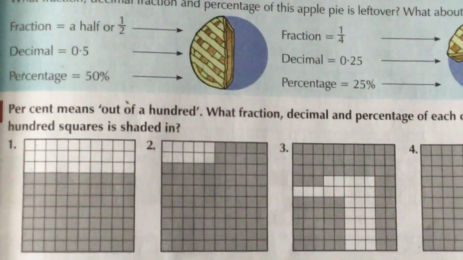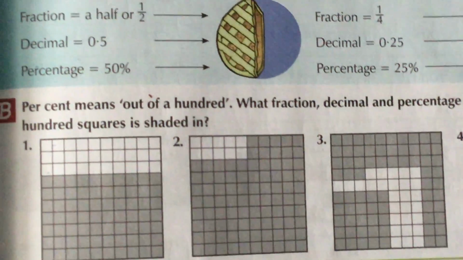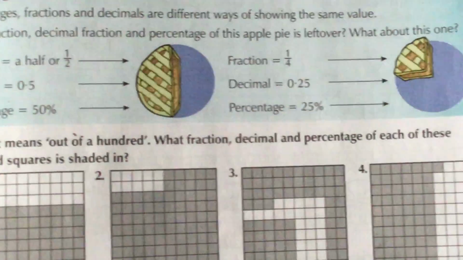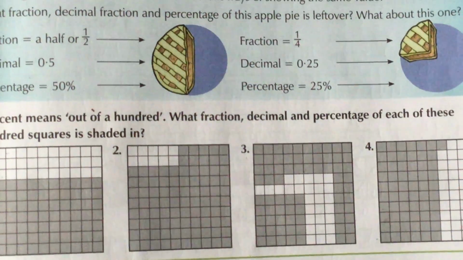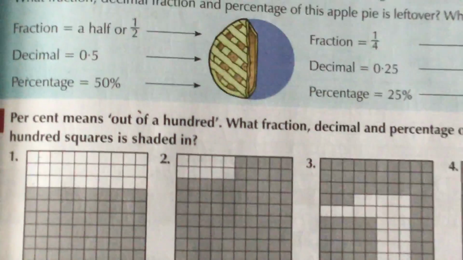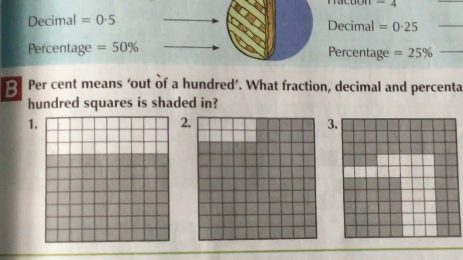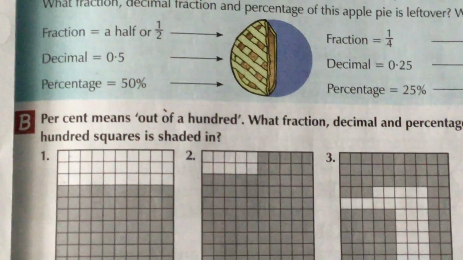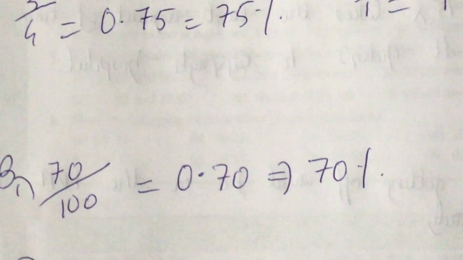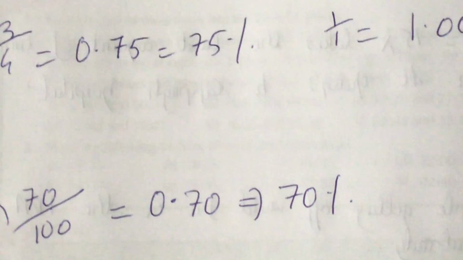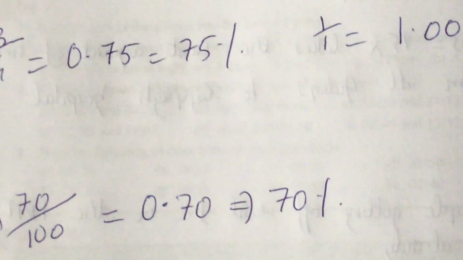Okay, guys. So they're asking you what fraction, decimal, and percentage of each of these is coloured in. So rather than count the ones coloured in, I counted the 30 that weren't coloured in. So I knew 30 weren't coloured in, so 70 were. And so 70 coloured in means it's 70 out of 100. And 70 out of 100 is the same as 0.70 or 0.7.